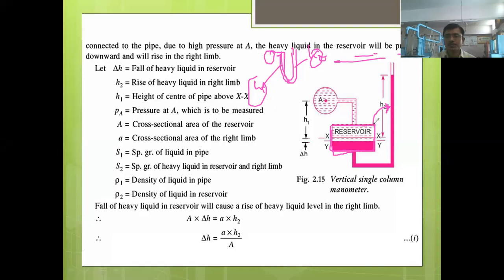Generally, it is nearly 100 times more than the area of the right limb of the manometer. So they made the cross section area of this reservoir nearly 100 times larger than this one.